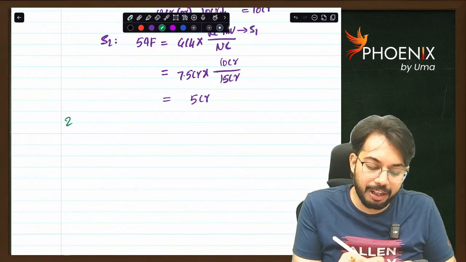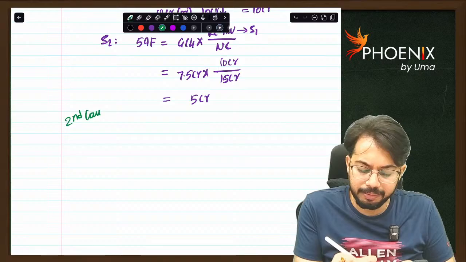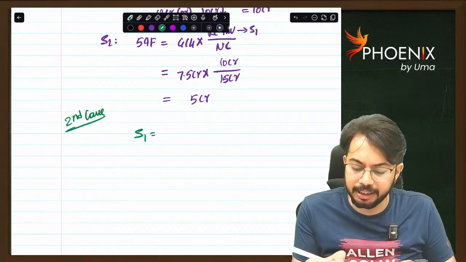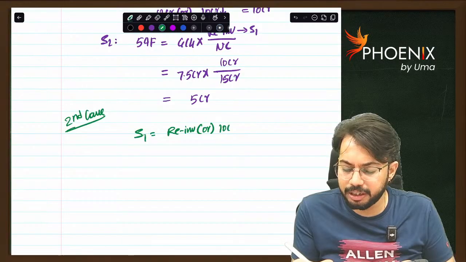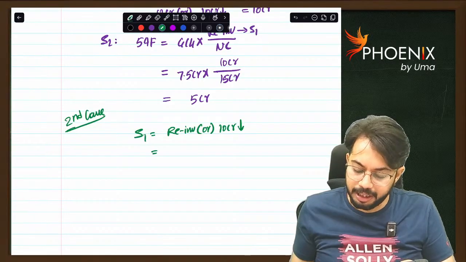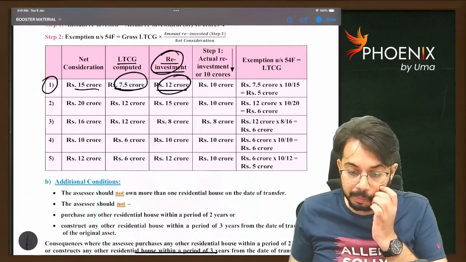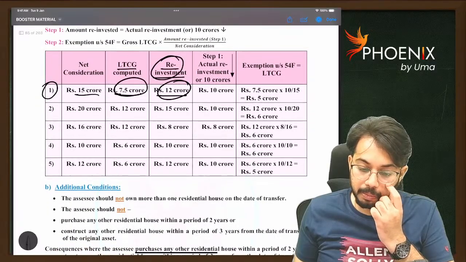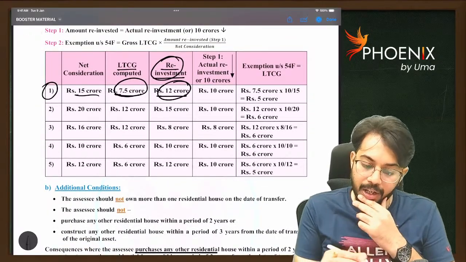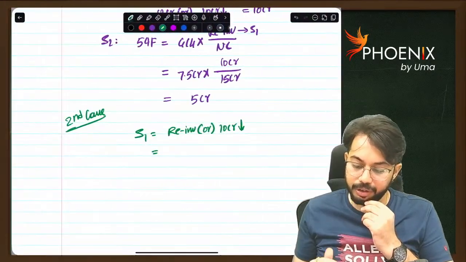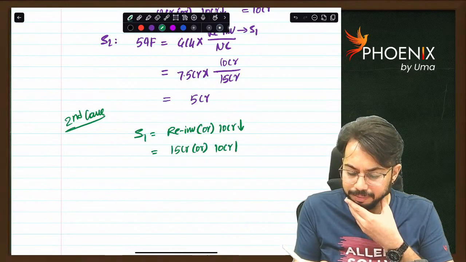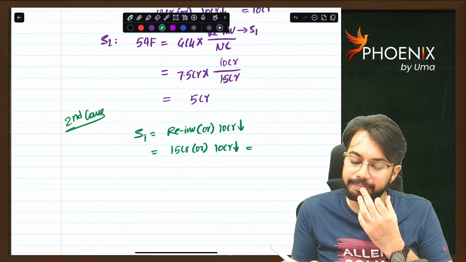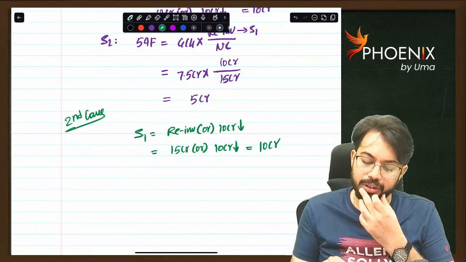Now, shall we do the second case? In the second case, step 1, reinvestment or 10 crores, whichever is lower. How much is reinvestment? Reinvestment is 15 crores. So 15 crores or 10 crores, whichever is lower, means 10 crores.